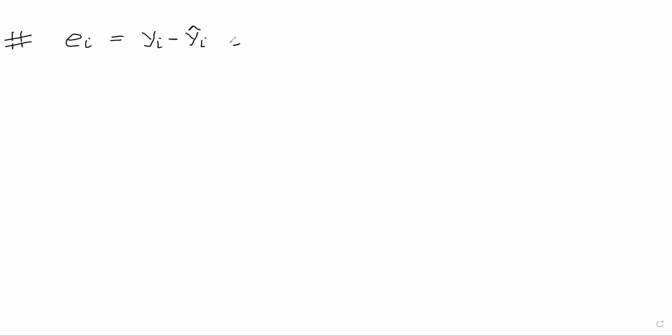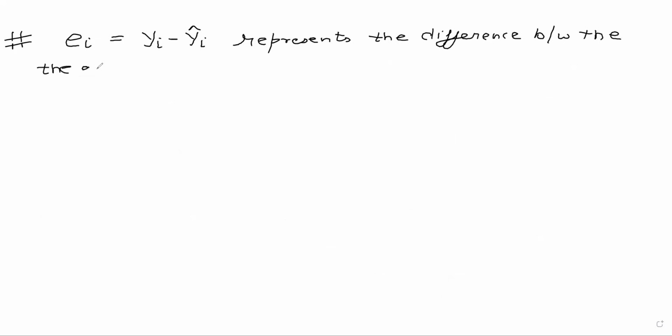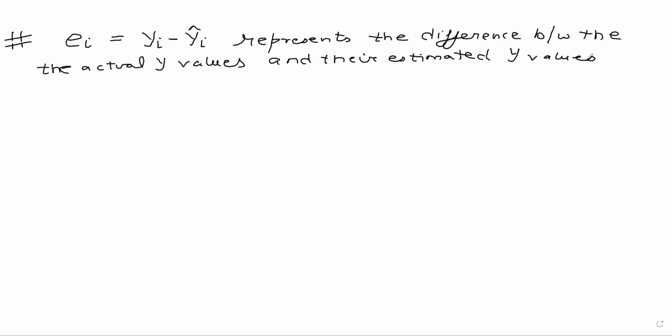So ei represents the difference between the actual y values and their estimated y values from the sample regression.